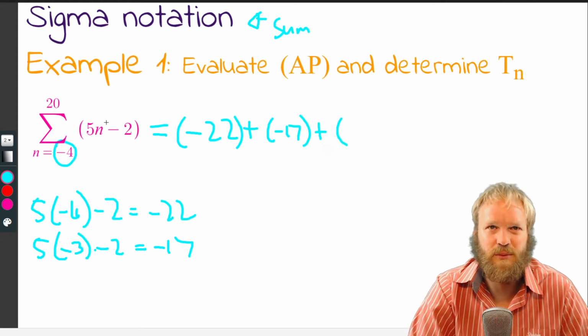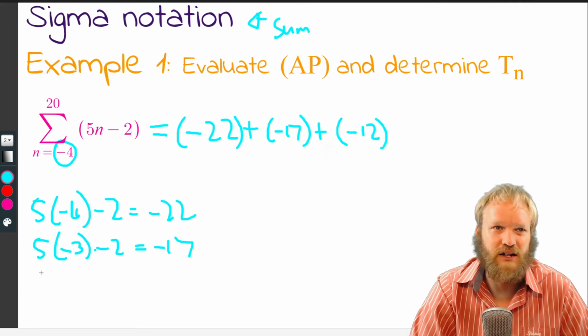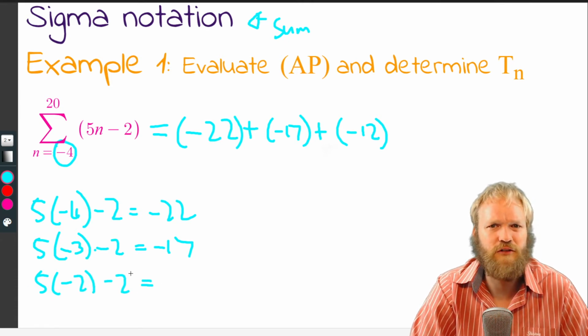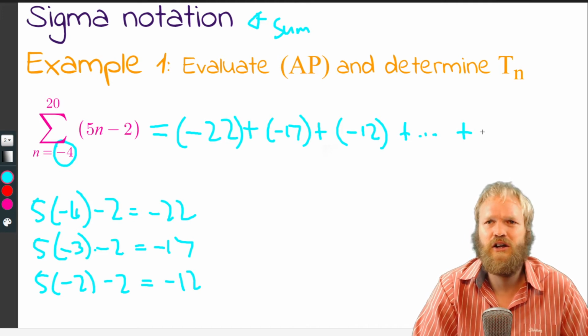I mean, we've seen this type of linear pattern before, and we know it's an arithmetic progression, so it kind of makes sense that it's going to go negative 12, but let's just put it in to confirm for ourselves. And do we get negative 12? Well, of course we do. Negative 12, plus, and so it's going to go on until the last term.